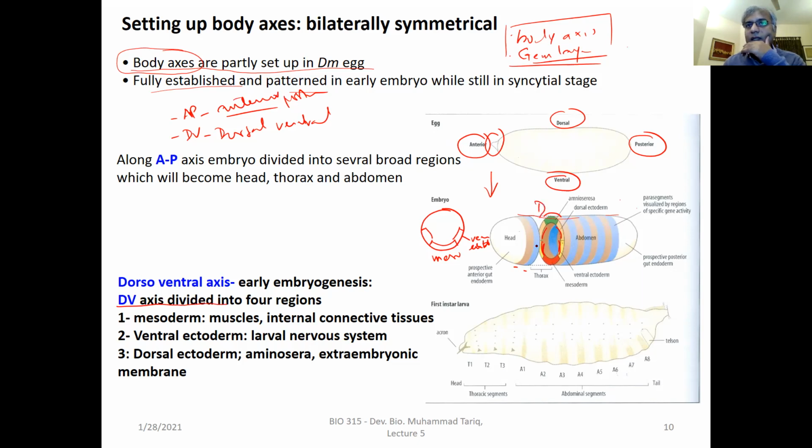So this is the dorsal, this is the ventral, and this is divided into mesodermal tissue, which is going to make muscles and internal connective tissues, ventral ectoderm, which is going to be largely nervous system, which I just explained to you as the formation of neuroblasts. So neuroblast cells emerge from this region, and the dorsal ectoderm, which contains extra embryonic tissue, which is the amnioserosa membrane.